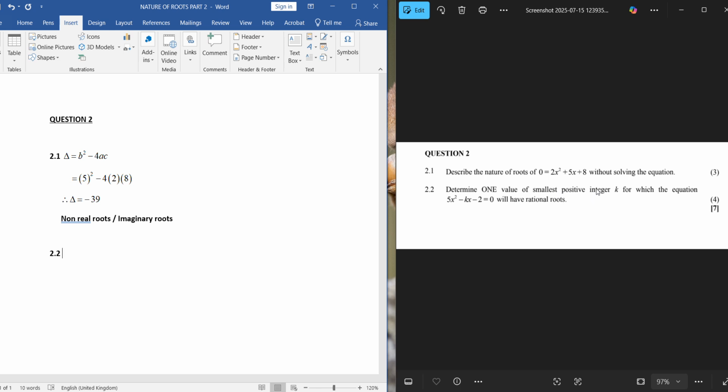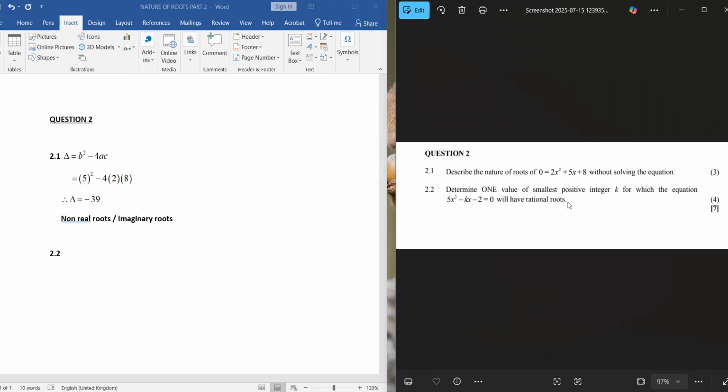Which numbers are positive integers? 1 is a positive integer, 2, 3, 4, 5, 6, 7, 8, 9, 10, and so on. Then the question says, determine one value of the smallest positive integer k, for which the equation 5x squared minus kx minus 2 equals 0 will have rational roots.